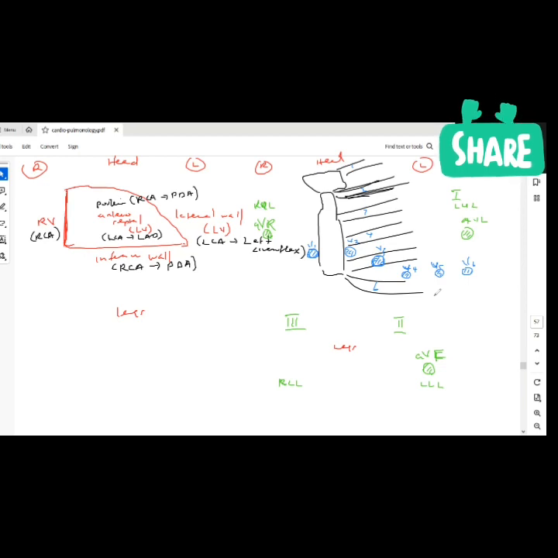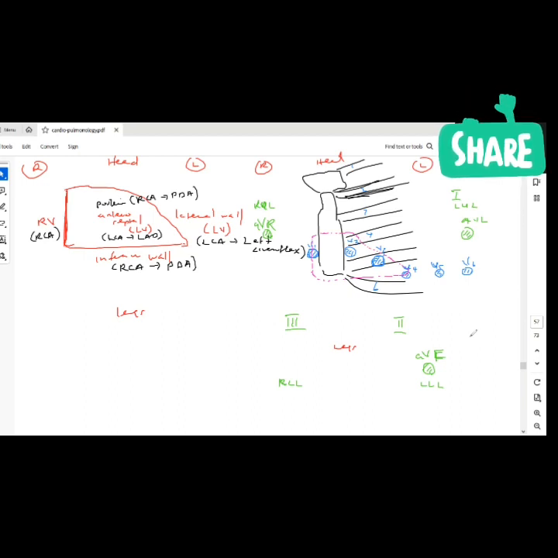So far, so good? Okay. Now, where's the heart? Let's draw a sketch of the heart. The heart will be somewhat located like this in the chest. So let's say that's the heart there in the chest. What do you notice?